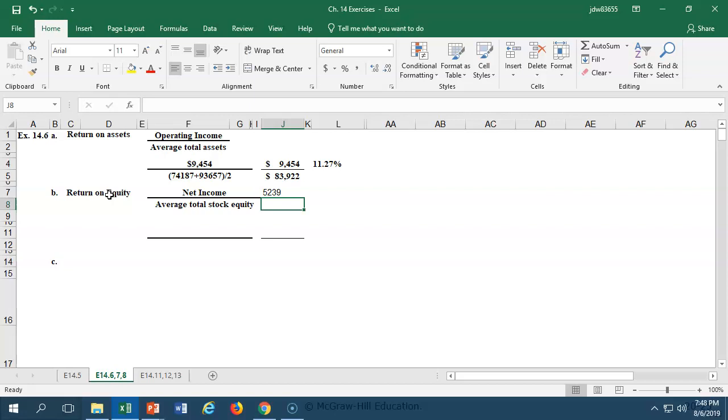And then average stockholder equity: the beginning is 37,963 plus the ending of 37,203, divided by 2.